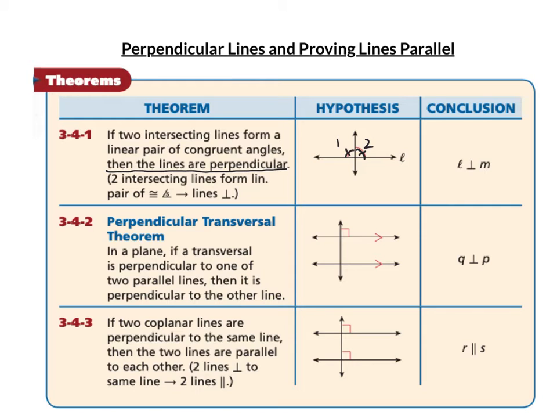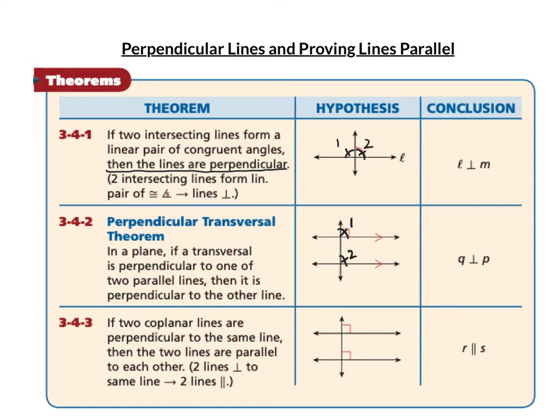In a plane, if a transversal is perpendicular to one of two parallel lines, then it is perpendicular to the other line. We'll look at this angle 1 and 2. If the lines are parallel, then we know that this angle is congruent to this angle, because if the lines are parallel, corresponding angles are congruent.